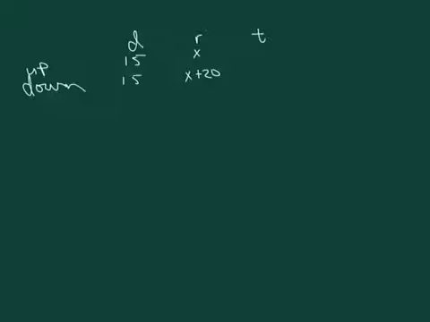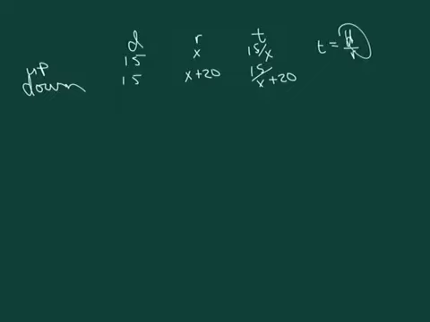Time equals distance over rate, right? We did that in the last one. So, distance over rate, 15 over x uphill. And downhill, our rate would be x plus 20, so 15 over x plus 20. All right, so what are we going to do with that?